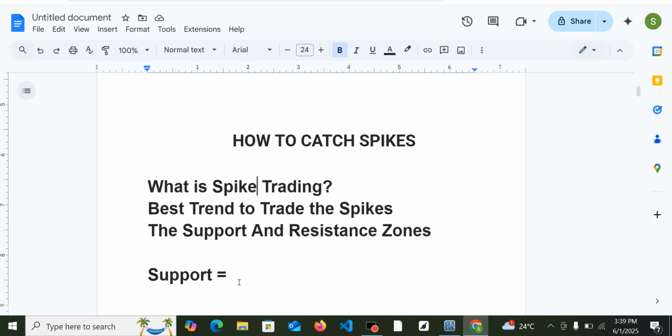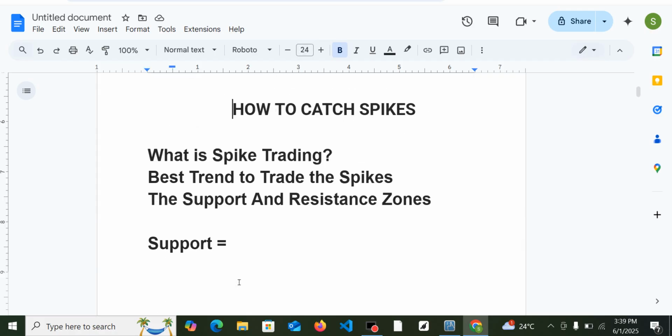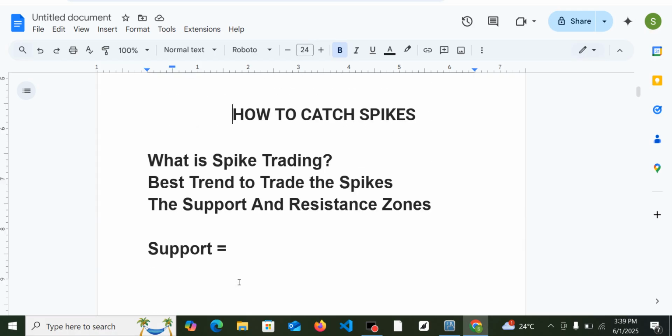Then we have the support, then the resistance, and I will be using all these to explain. Then we'll be going to the chart to check out some of these things so that you will have a better understanding of what we are doing here.